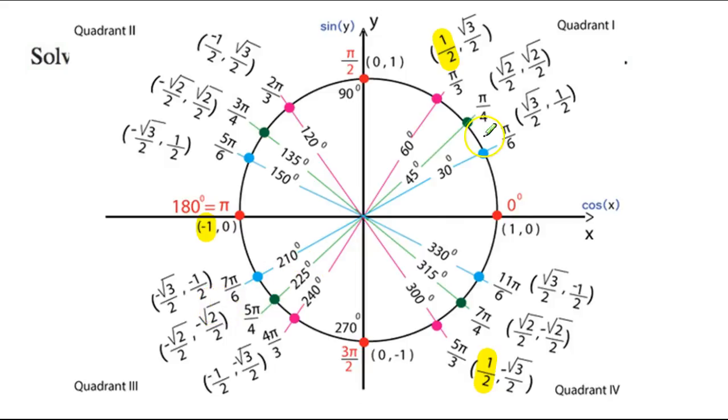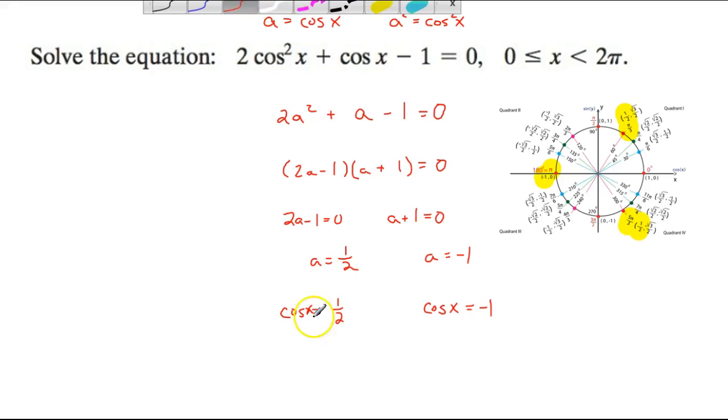So our solutions are going to look like pi over 3, that gets me to a half. 5 pi over 3 also gets me to a half, and pi gets me to cosine being negative 1. Alright, so this is true: cosine of x equals a half when x is pi over 3 and when x is 5 pi over 3.